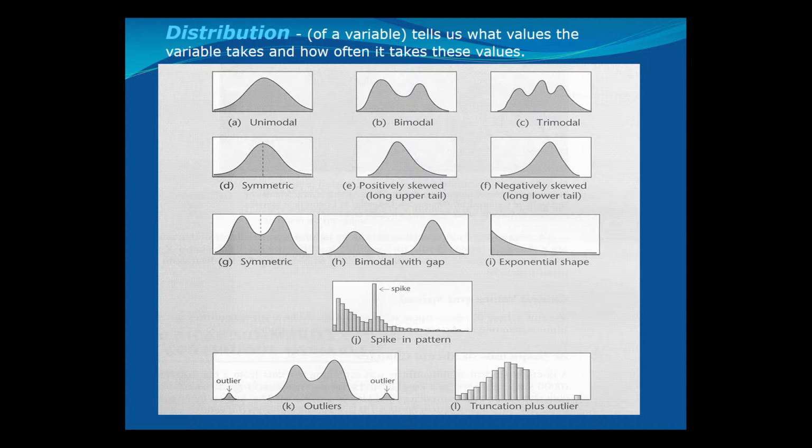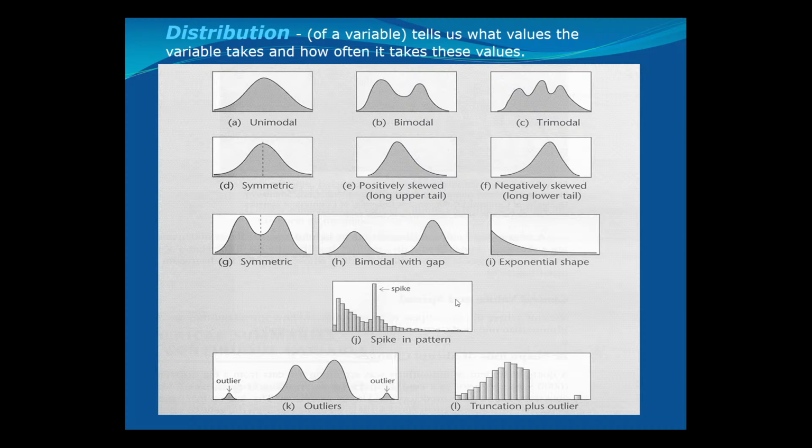Next level, third level, the distribution can be symmetric with two peaks, and this distribution is symmetric. Bimodal with a gap or another type of shape such as exponential shape.